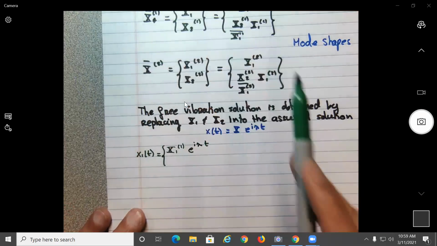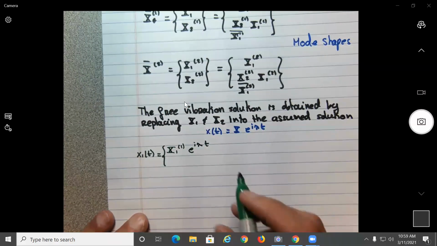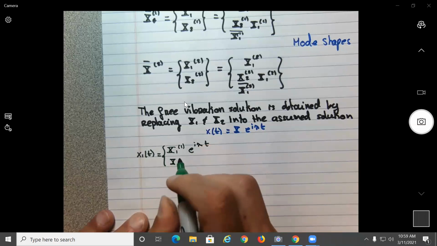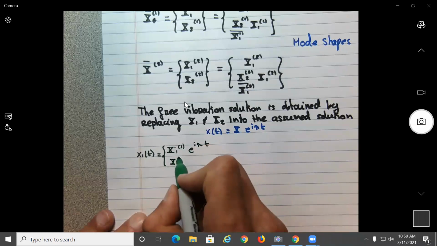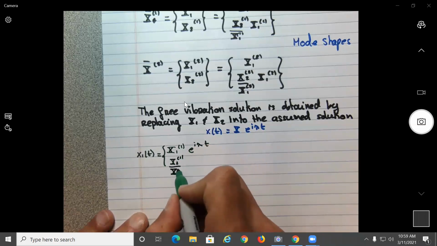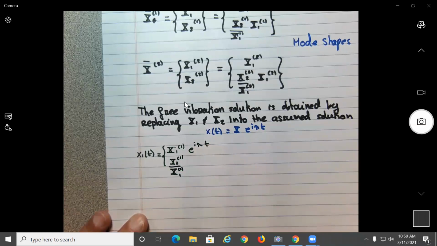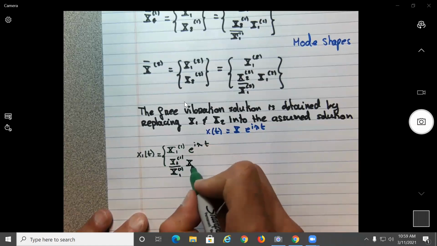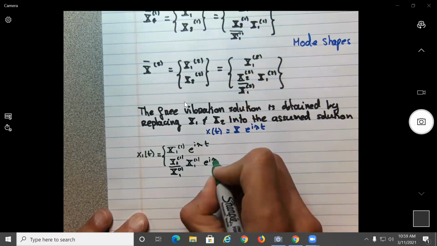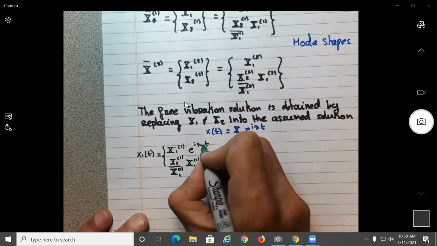So we have two of them. And the second will be x2, crazy notation, x2,1 over x1,1 times x, just rewriting this expression here, 1, 1 e^(i lambda 1 t).